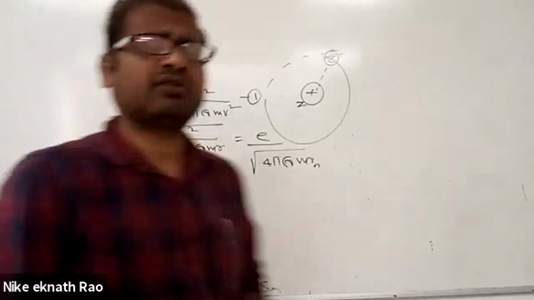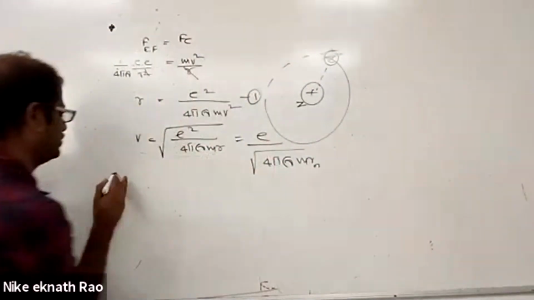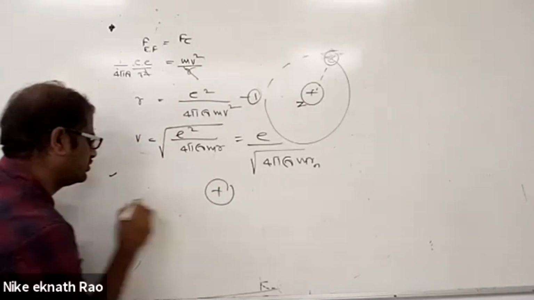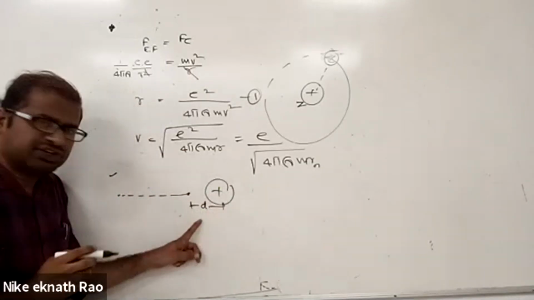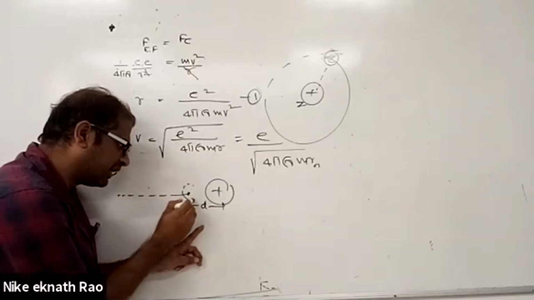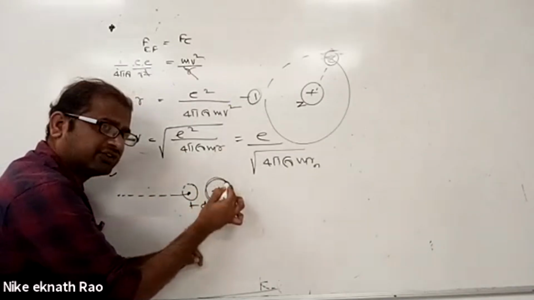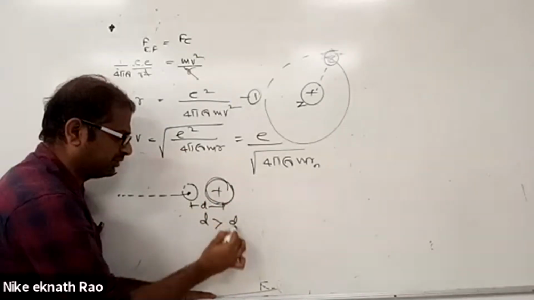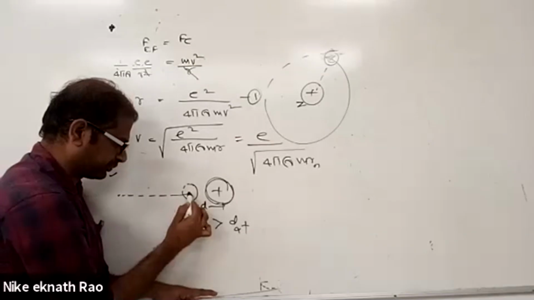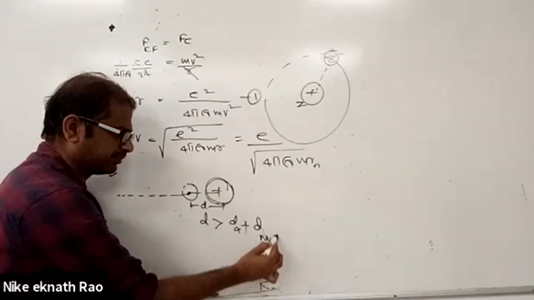And one more beauty of Rutherford model: the nucleus is here and alpha particles are coming. This is the closest distance of approach. This distance d is very much larger than the diameter of the alpha particle plus the diameter of the nucleus.